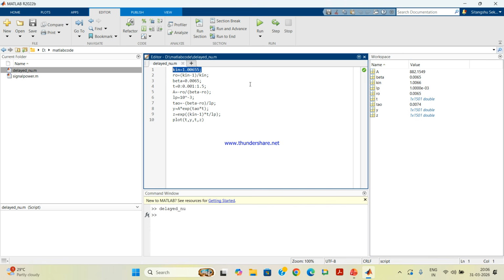It's a typical figure, and for uranium 235 the delayed neutron fraction is 0.0065.